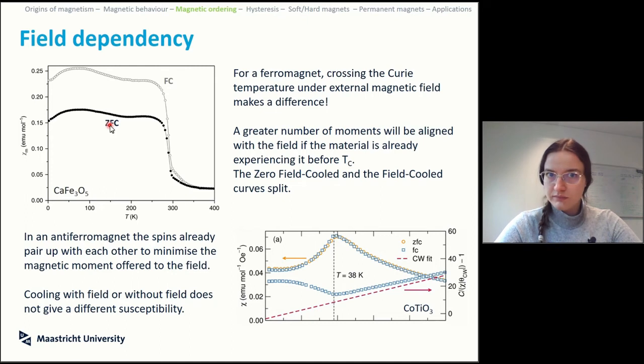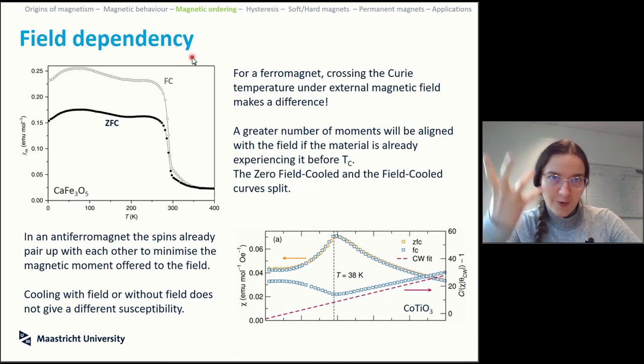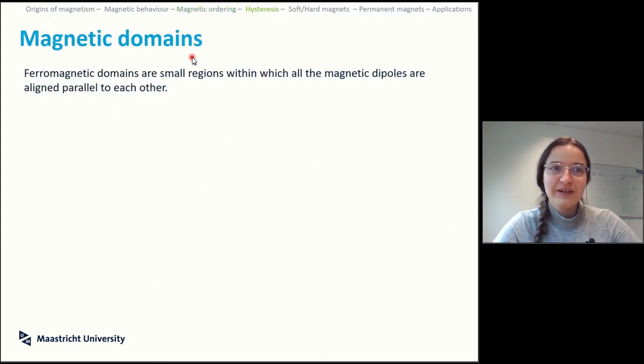This is a very interesting behavior, and it boils down to the fact that you have magnetic domains in the material.